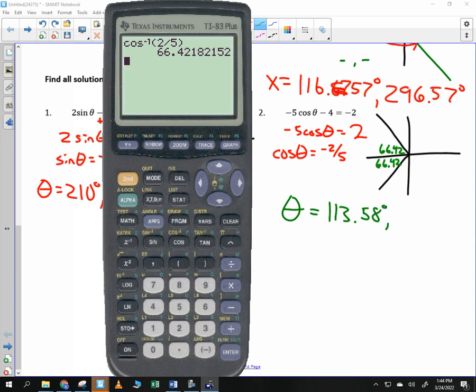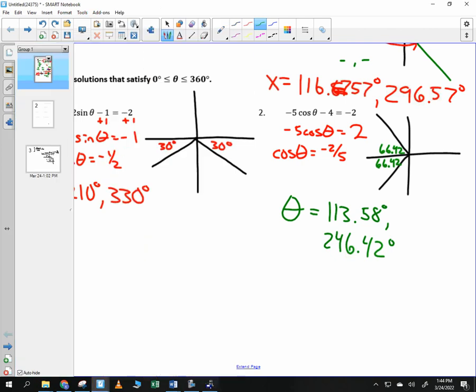And then add 66.42 to 180, and you get 246.42 degrees. So for this one, we subtract from 180 because it's behind 180. And for this one, we add 180 because it's past 180.